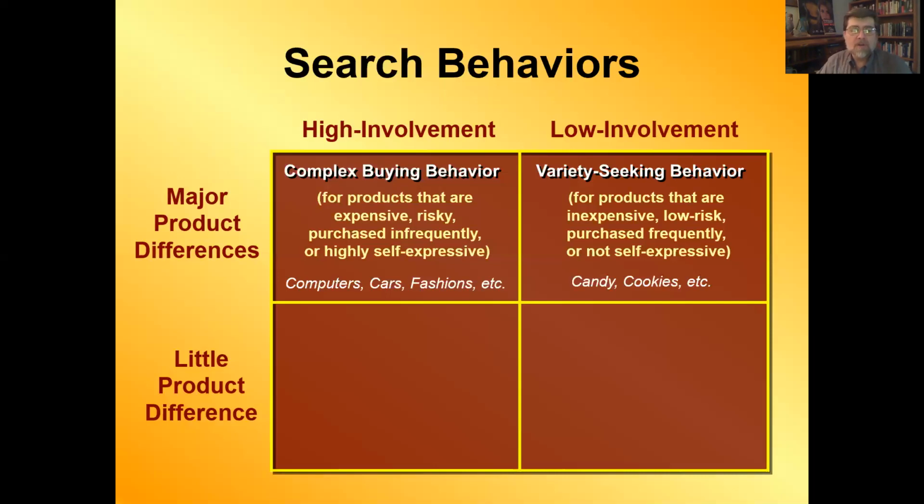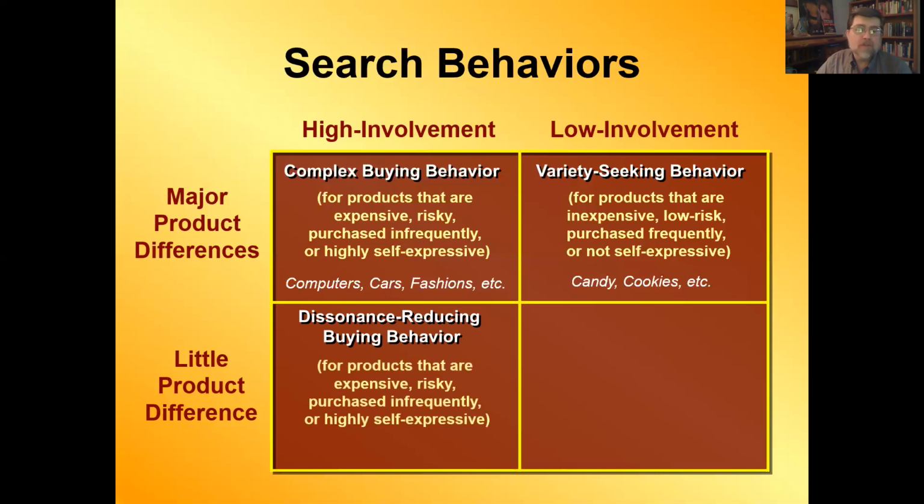But we also have some other behaviors. One is called dissonance-reducing buying behavior. That's for products, again, that are expensive, risky, purchased infrequently, and maybe highly expressive. A good example of this would be carpeting. I've gone shopping for carpeting, and I didn't find it particularly pleasant because I just didn't want to make a mistake.